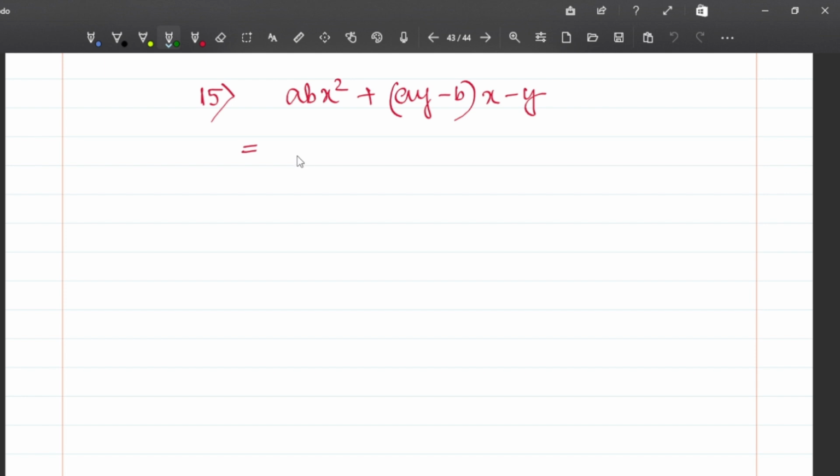Now this is sum number 15, quite different. We have to first multiply the second term. So do it. Now take common from the first and second term, a and x is the common.